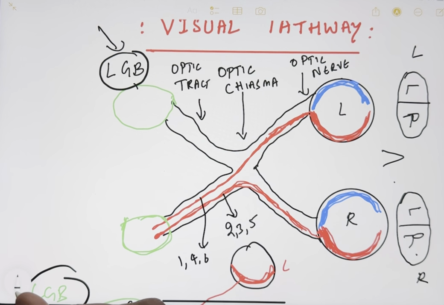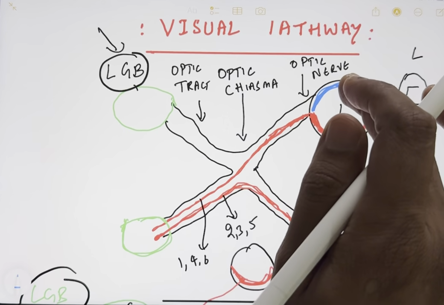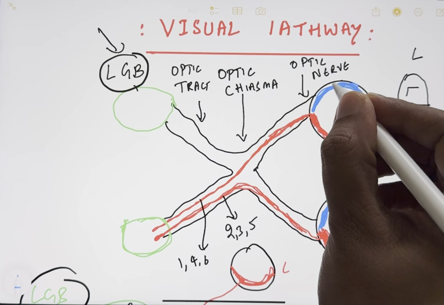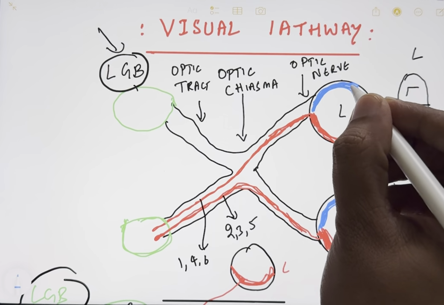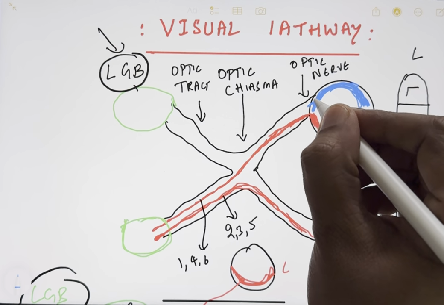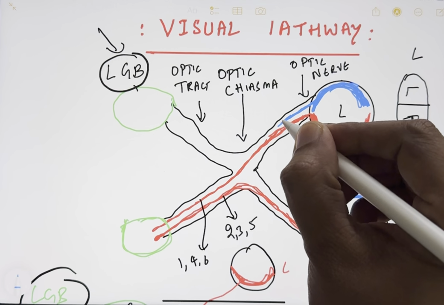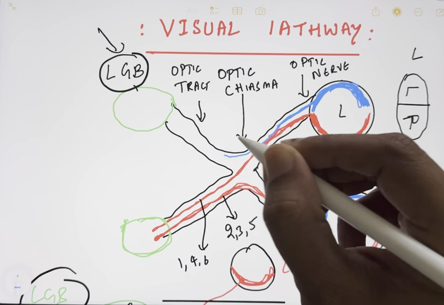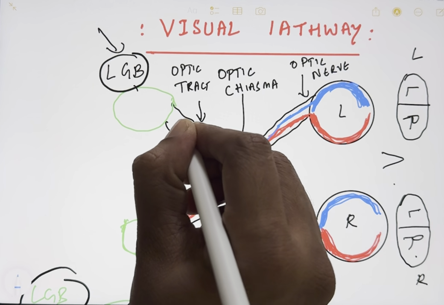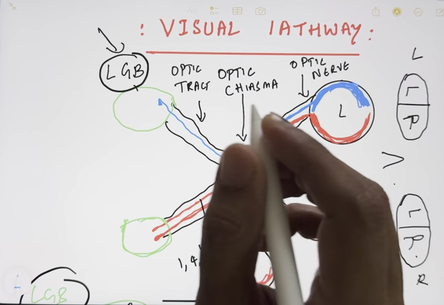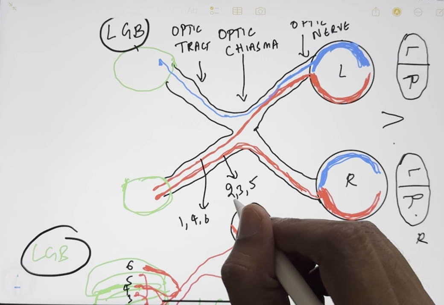Now, consider the other half of the retina, which I have marked with blue color. This hemiretina is the temporal side of the left eye; the fibers will go back into the optic nerve, will not cross to the opposite side, and will terminate in lateral geniculate body layer number 2, 3, 5.